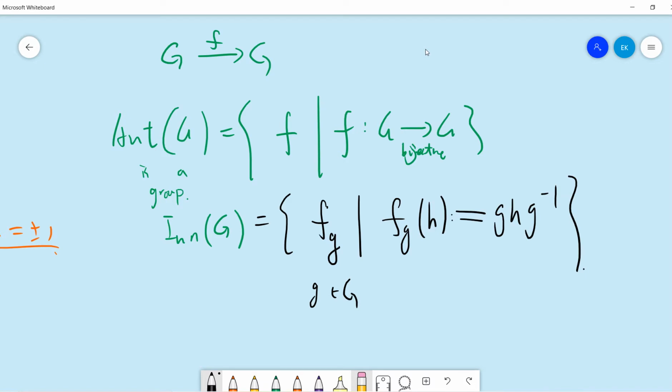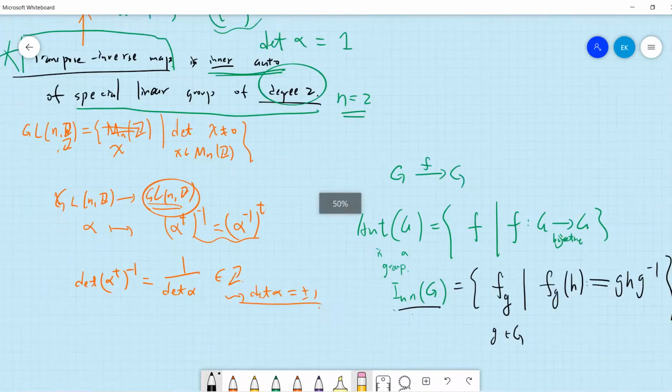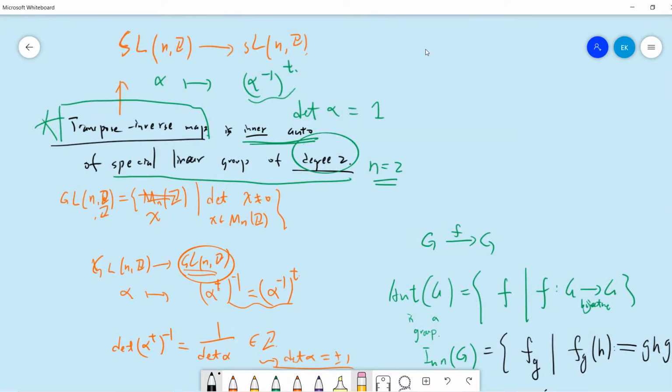That's the inner automorphism: given each g, we construct such a map. So this fact says that the transpose inverse map is an inner automorphism of the special linear group of degree 2. So we need to find such a g that makes this an inner automorphism.